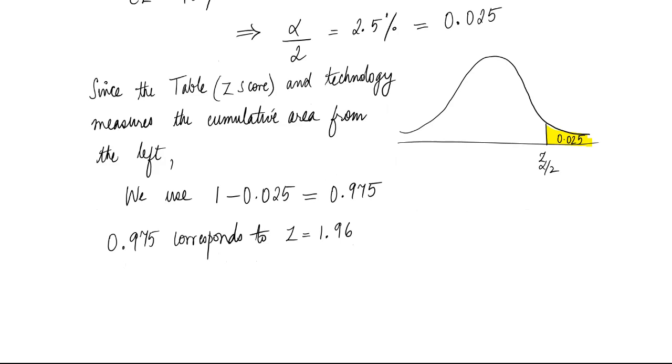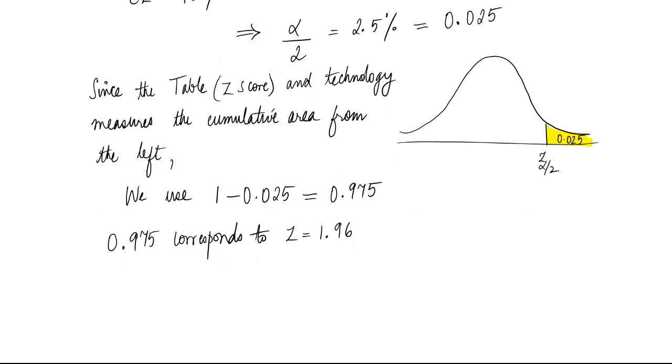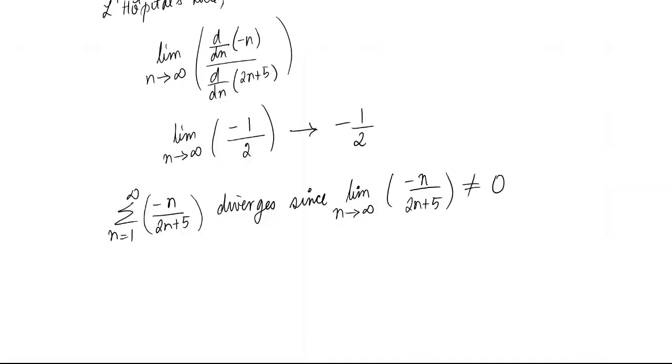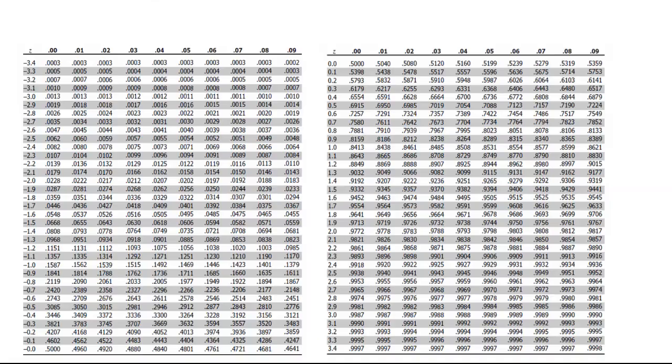I want you to take a moment to check that quickly. You can pause the video this time and then quickly check that. So I can show you here where I have the table. You're looking at 0.975, right? And so that is to be found in the body of the table.